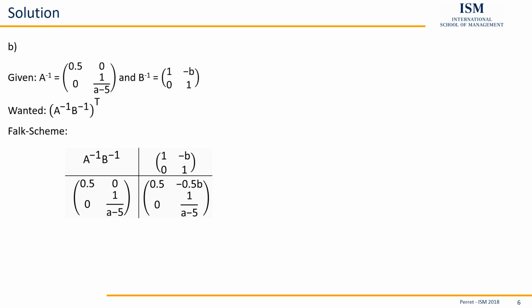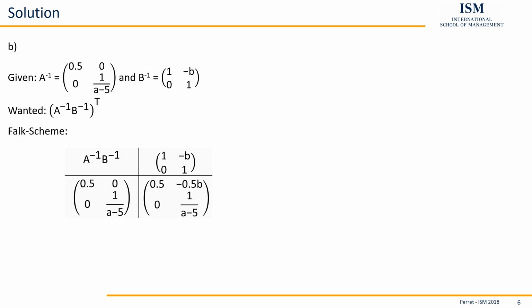So 0 plus 0, giving us here 0. And then in the final entry, we have 0 times minus b and 1 times 1 divided by a minus 5, giving us here 1 divided by a minus 5. So the matrix in the lower right, that's the inverse of A times the inverse of B.